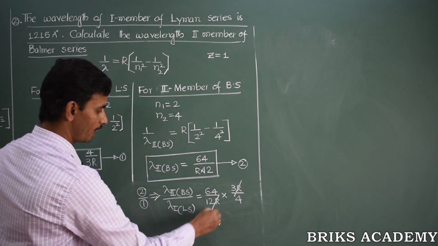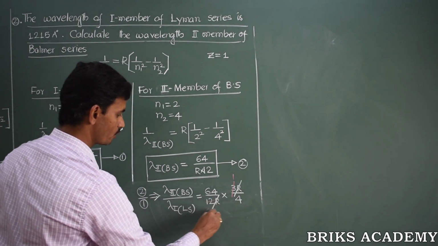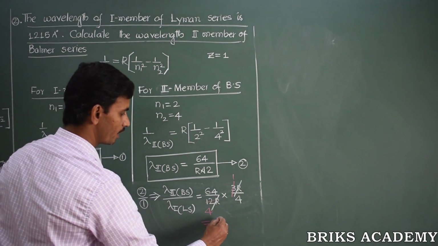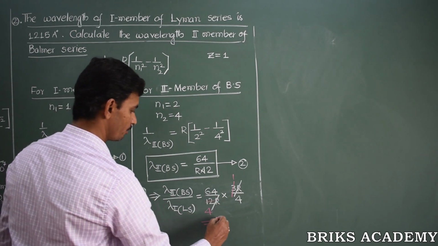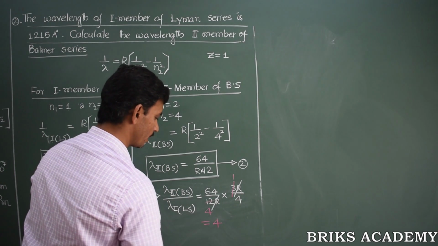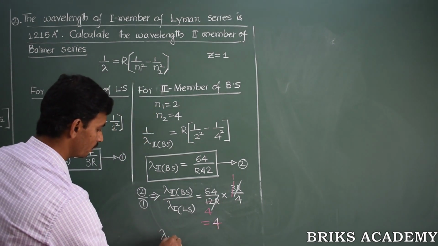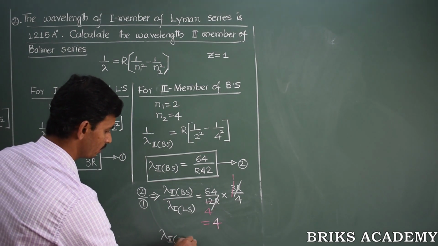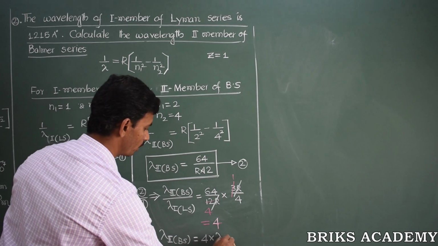The R can be cancelled. Now we have 3 ones are 3 and 3 fours are 12. So on the right hand side we are left with 64 by 16, hence it will be simply 4. So lambda 2 of Balmer series is 4 times lambda 1 of Lyman series.